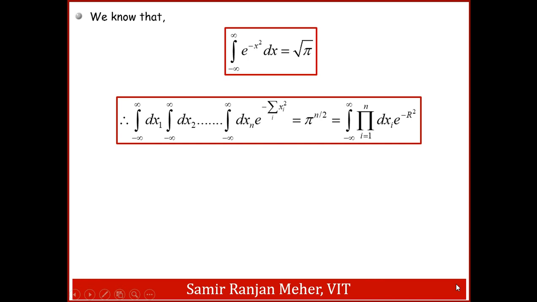And this can be written as the integration of the product of dxi, exponential minus r square, where i is going to vary from 1 to n.